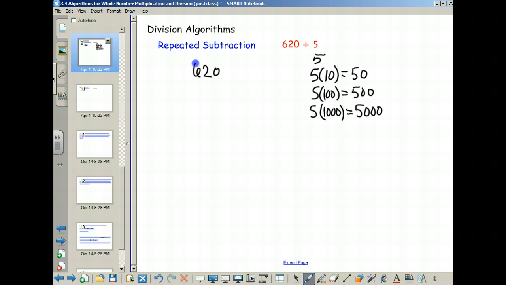So I'm going to subtract the biggest one of those that I'm able to subtract, and that is 500. And onto the side, I'm going to write that what I just did was 5 times 100, just as a note to myself more than anything, and it'll help me with the solution when I'm done. Okay, so when I subtract, what do I get? 120. Now, if the number were large enough, I would subtract 500 again, but it isn't. So what's the next value I would subtract? 50.